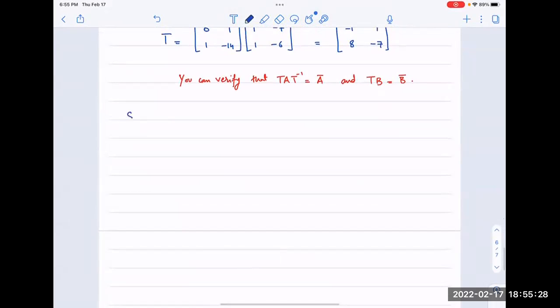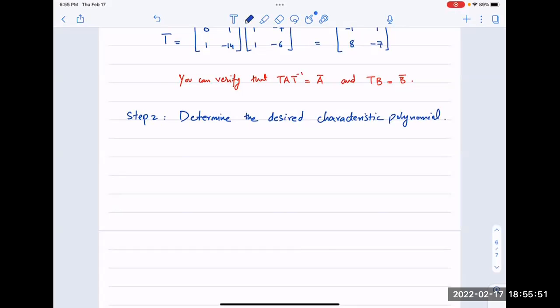So our step 2 is the desired characteristic polynomial.